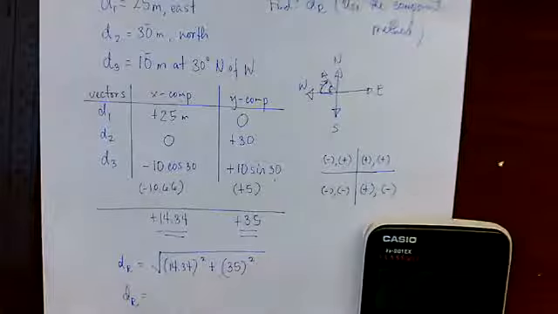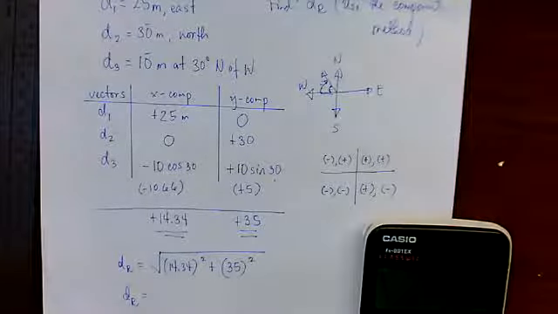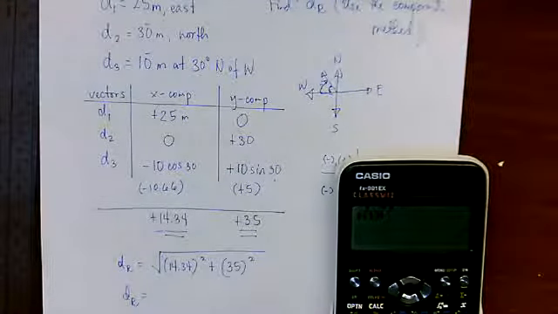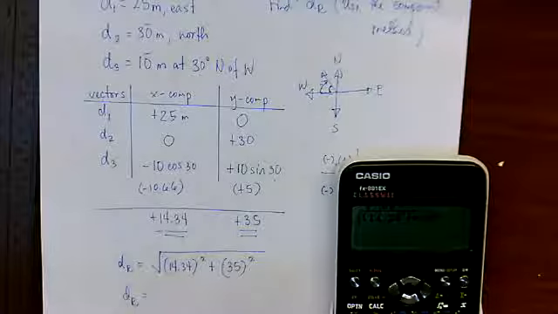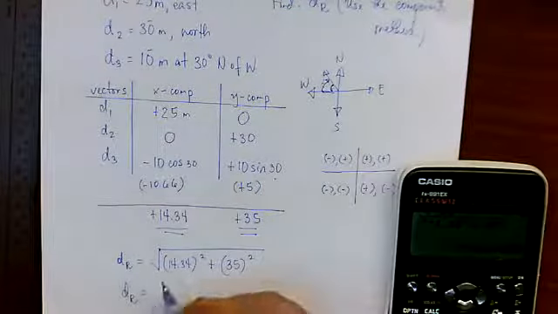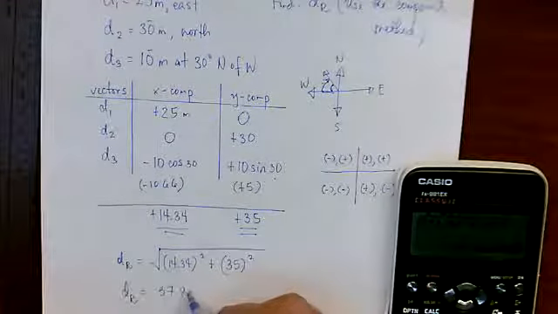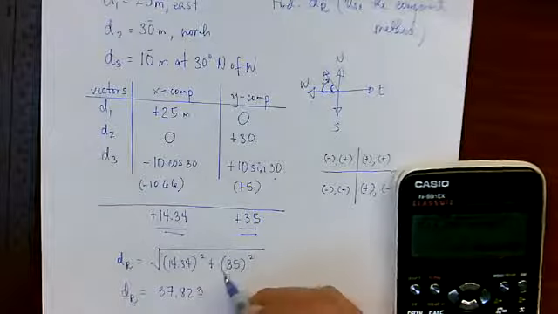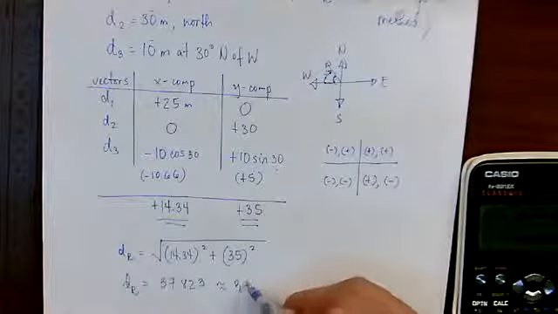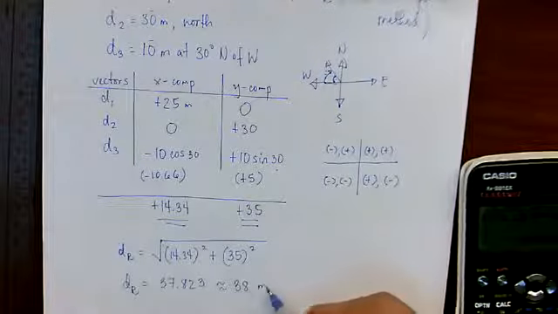Let's do that. You get 37.8. Then we round this off to two significant figures. You get 38, and the unit we just follow, it says meters.